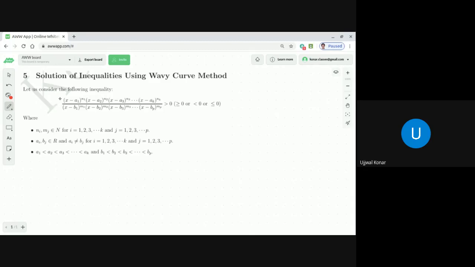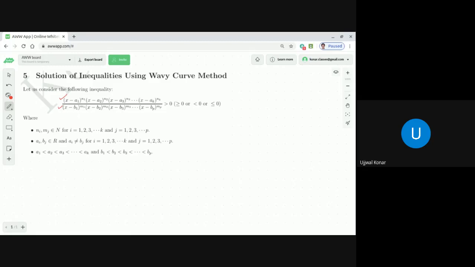And in the denominator, you see, dear students, it is x minus b1 power m1 into x minus b2 power m2 into x minus b3 power m3, dot dot dot, up to x minus bp power mp. Like the numerator, what are m1, m2, m3 up to mp?